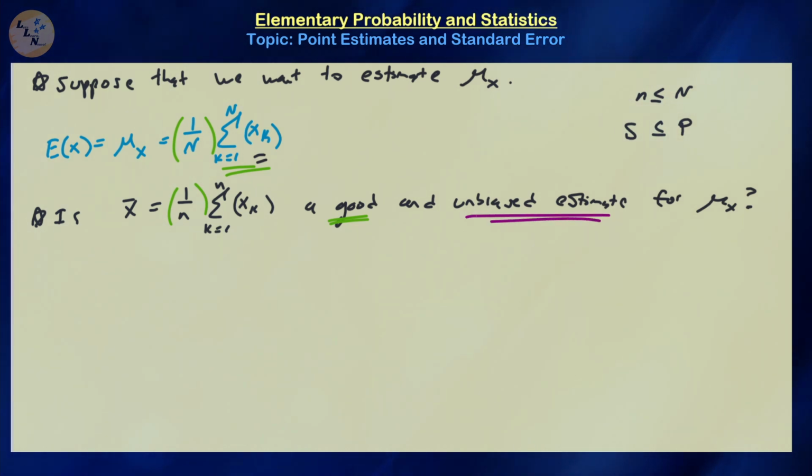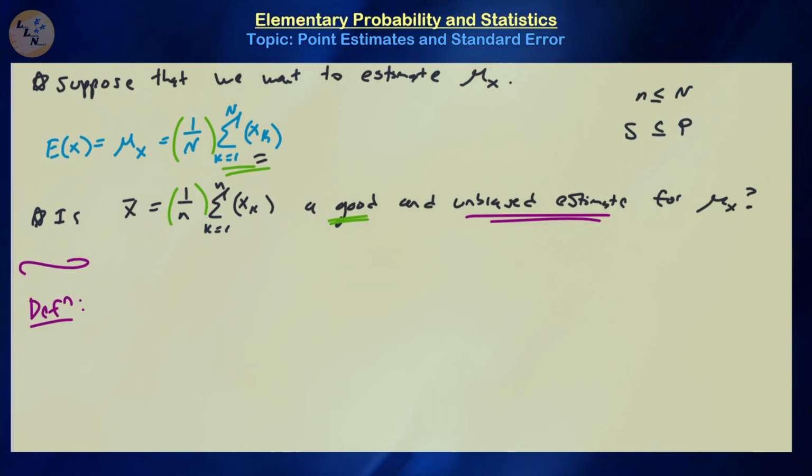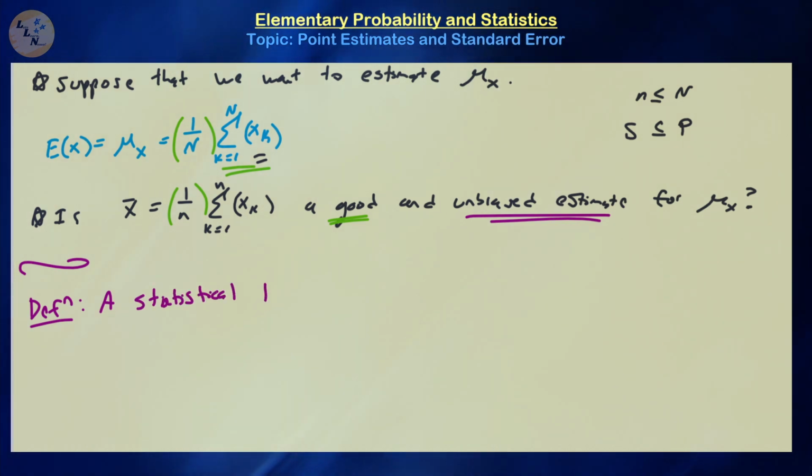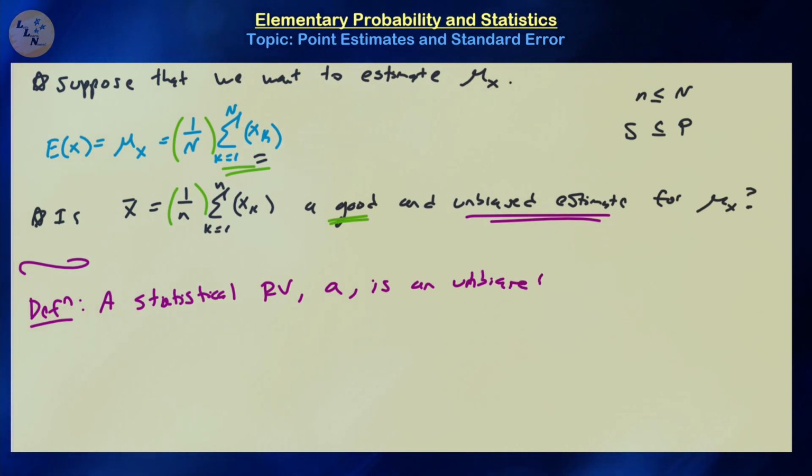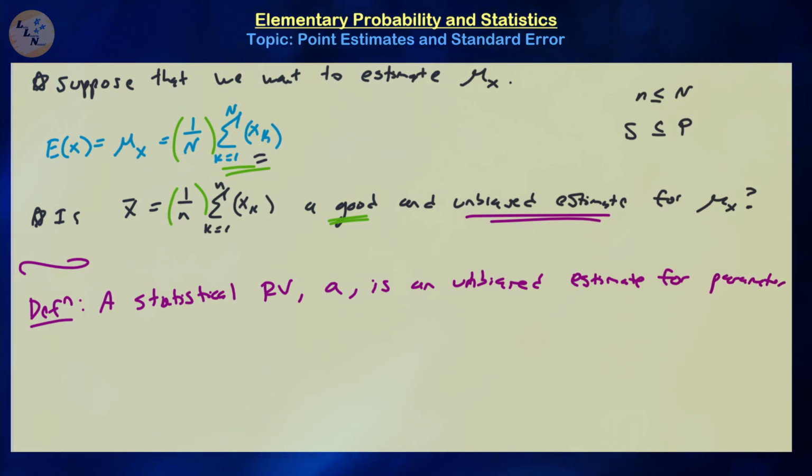So let's just give the formal definition of an unbiased estimator. A statistical random variable, and let's just call it A, is an unbiased estimate for a parameter, let's call it alpha, if the expected value of that metric A is actually equal to alpha.